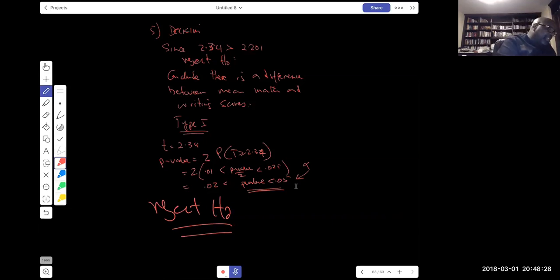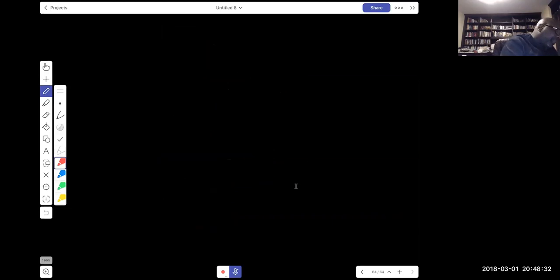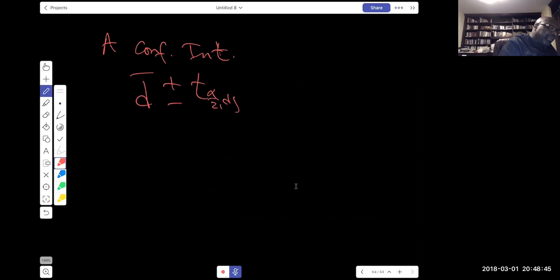So our confidence interval would basically be point estimate plus or minus critical value times the standard error, S over root n. That's similar to the one that we did before, t S over root n.